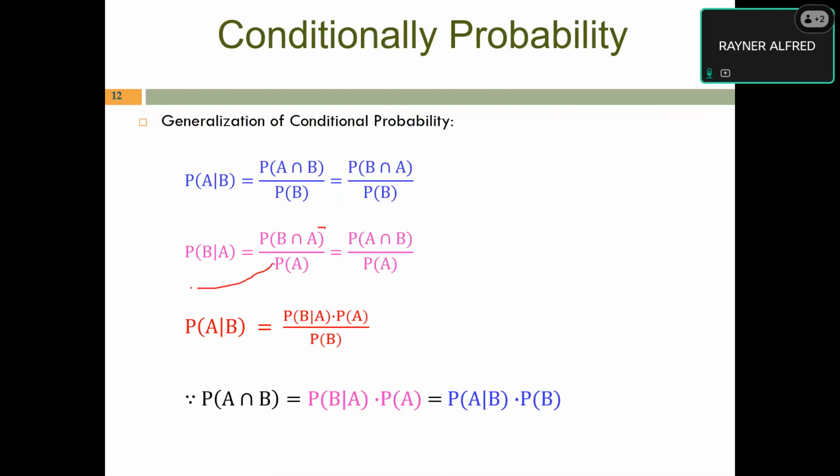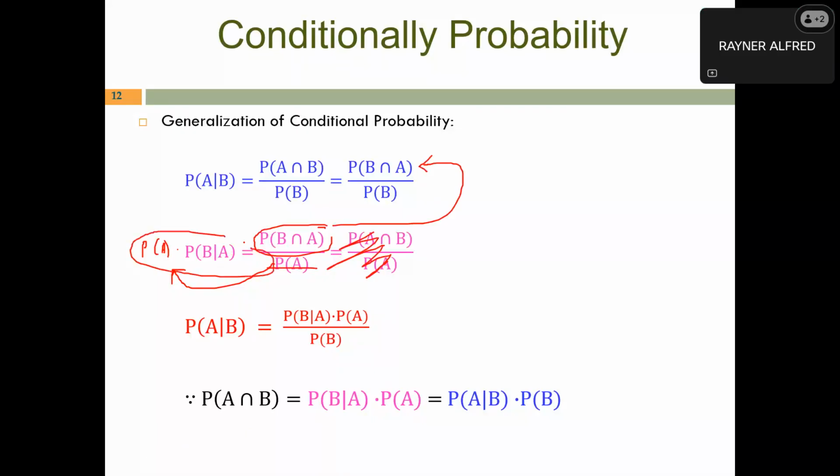So if we change this one to the other side, the probability of A, then we have this formula. So this one can be here. So we take this one to substitute the whole thing here, and then we get this.